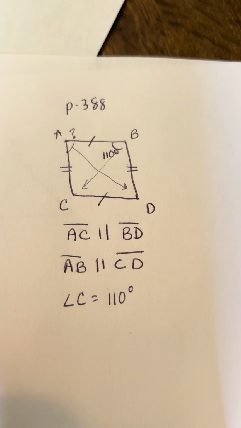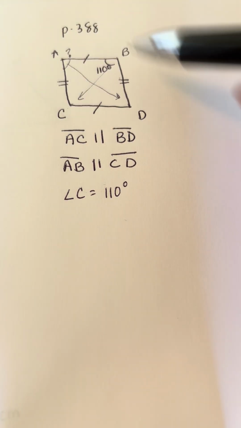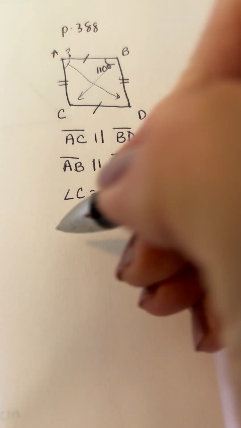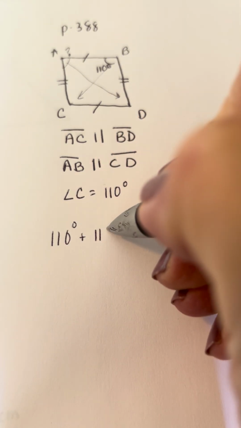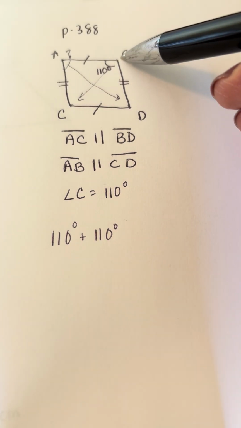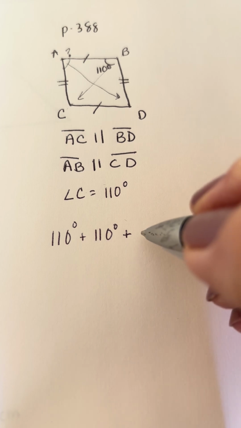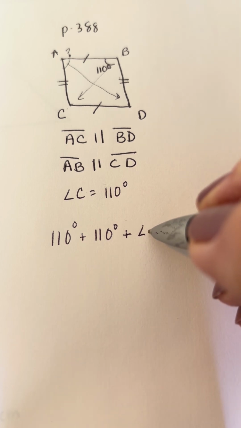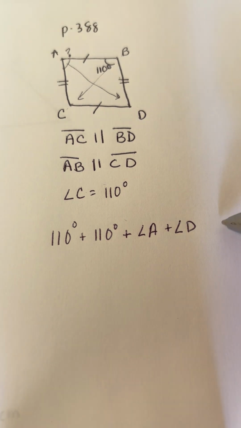I also know, since it is a four-sided figure, that if I add up all four angles, they add to 360. So 110 plus 110, because that would be angle B and then angle C, plus angle A plus angle D is equal to 360.